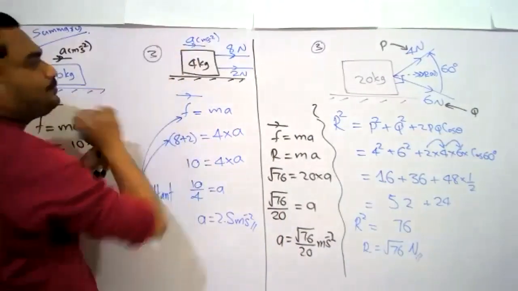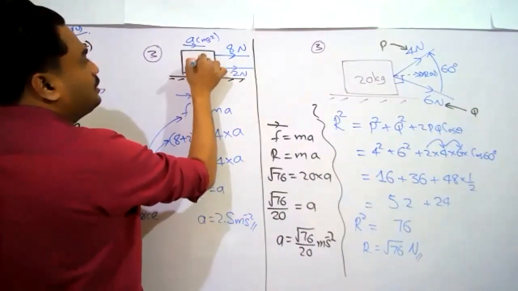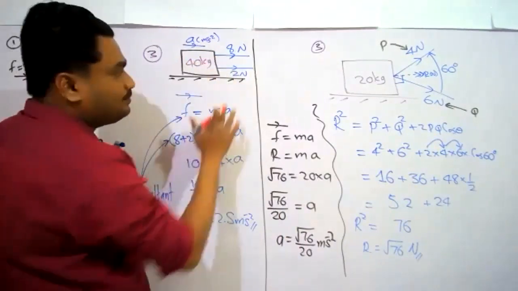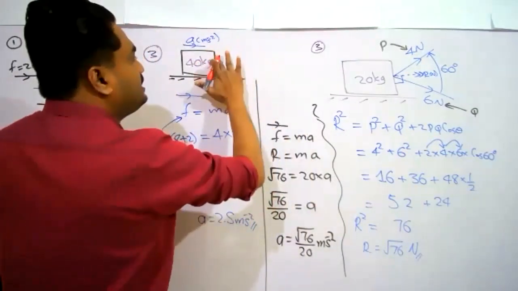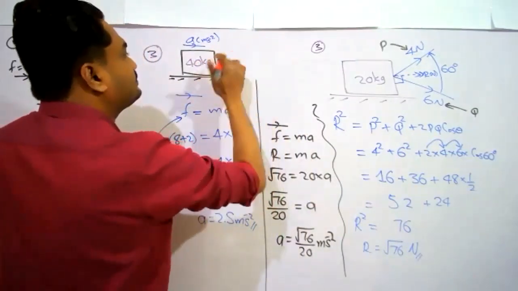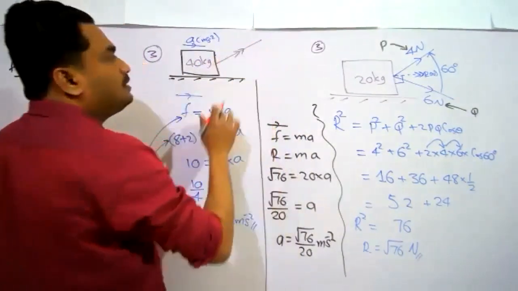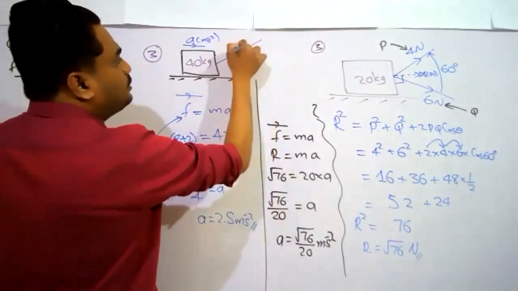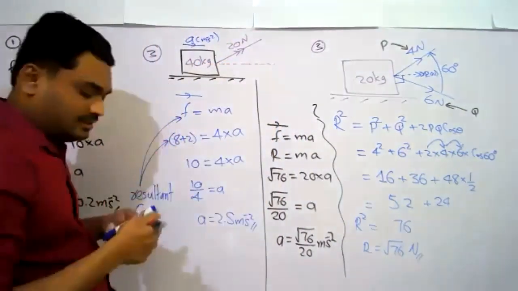Say 3. Let's say the mass of the object is 40 kilogram. Now the force acting on the object is like this. Right. A force of 20 Newton is acting on this object.